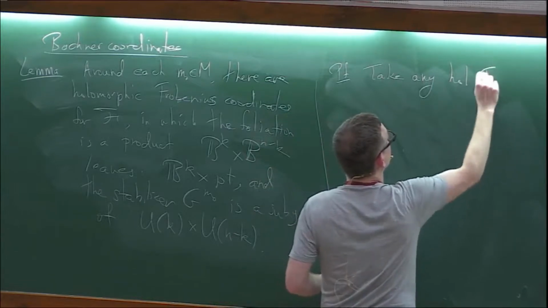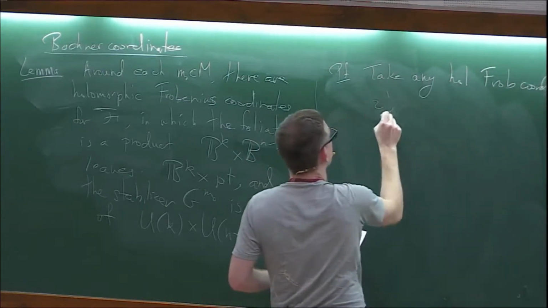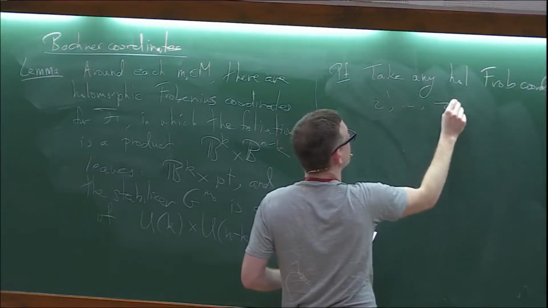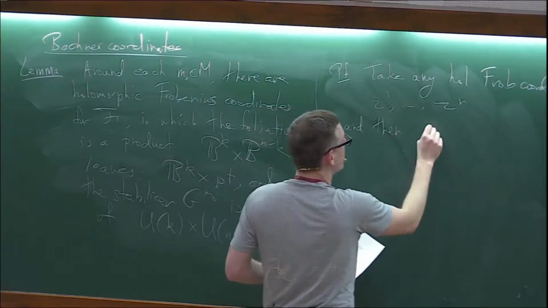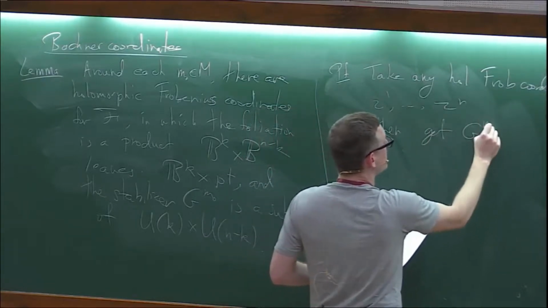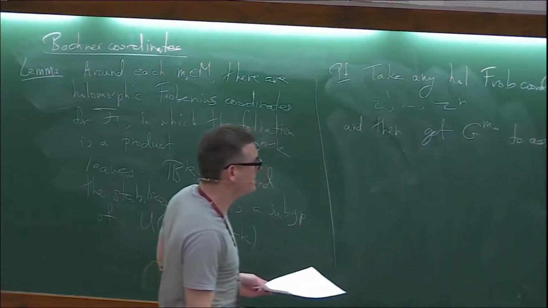holomorphic Frobenius coordinates, so z_1 to z_n, and then get the stabilizer to act. We have to worry about, can we do that? Is that possible?